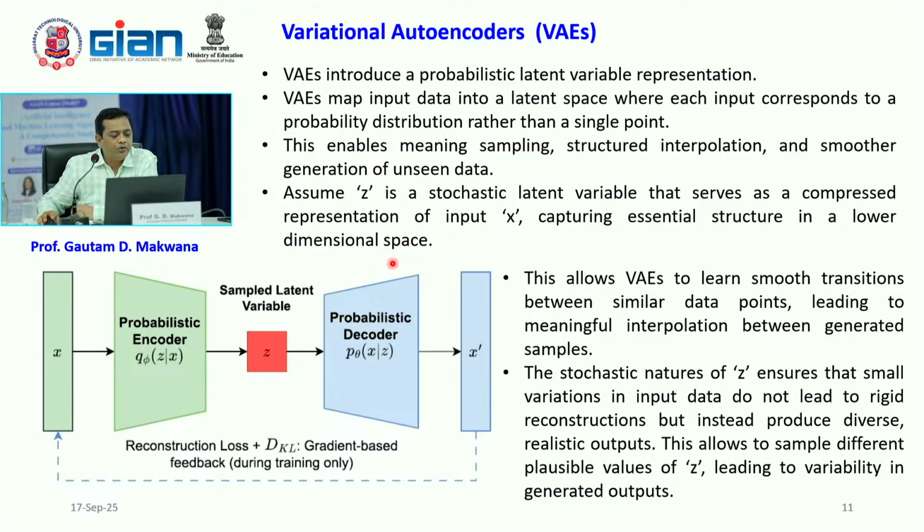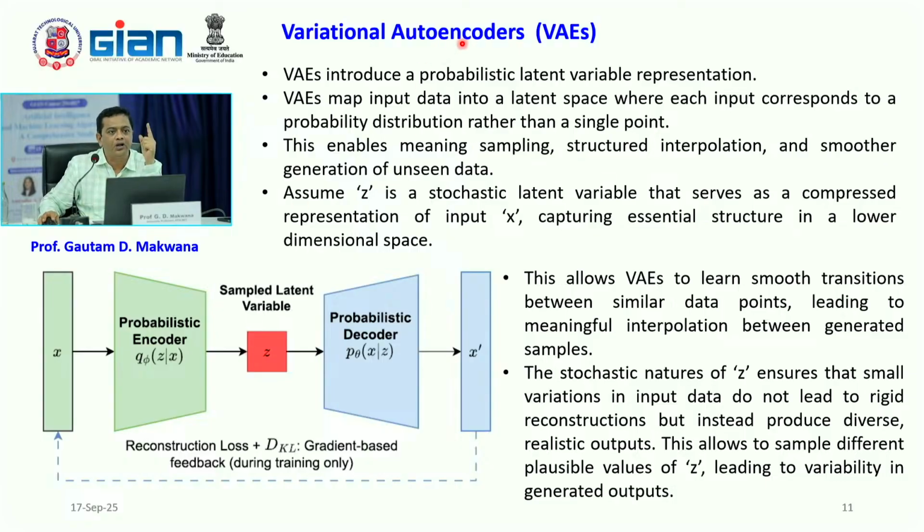Variational autoencoder. So in this case, what happened? The input is converted into latent variables. The latent variable provides the probability distributions at the encoder. Here this is my input X, and the output is Z. This is my encoder. The output Z is the probabilistic output.